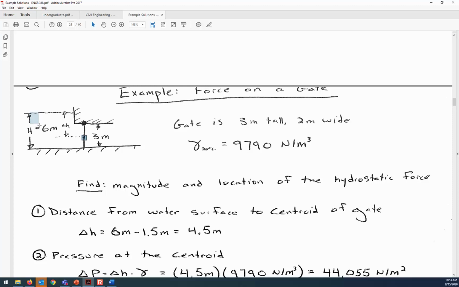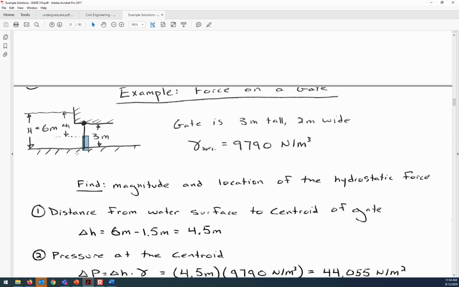Because it's 6 meters from the top of the water down to the bottom of the tank. And then if we divide the gate into half, that means it's 1.5 meters from the bottom to the centroid. So 6 minus the 1.5 means that from the water surface to the centroid is 4.5.